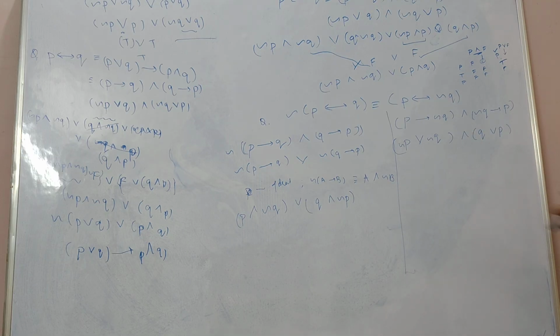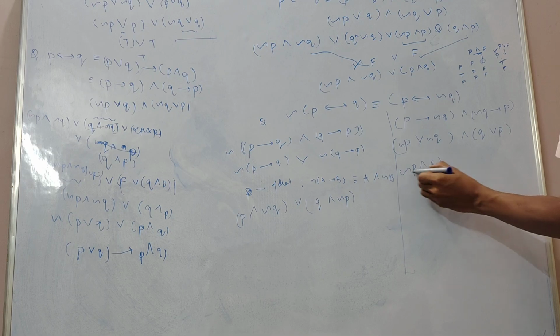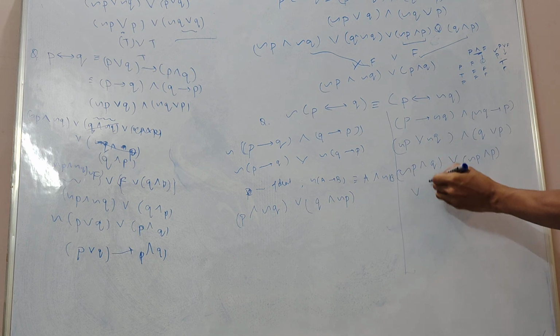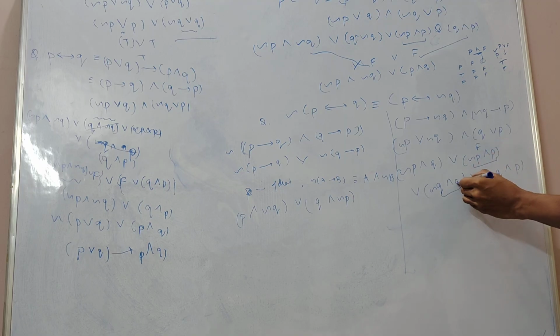And then I can write this as negation of P and Q, or negation of P and P, or negation of Q and Q, or negation of Q and P, right? This will give me false, this will give me contradiction, right?